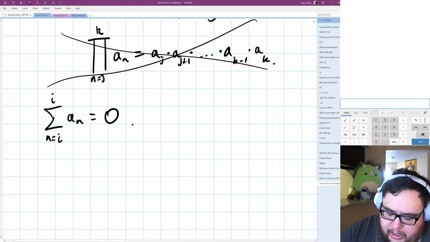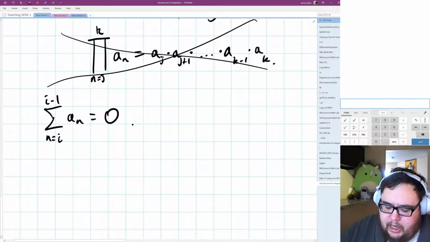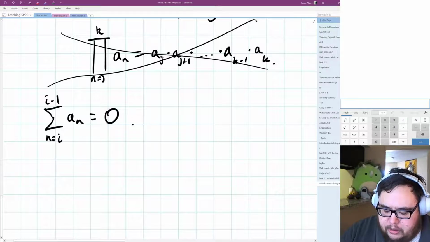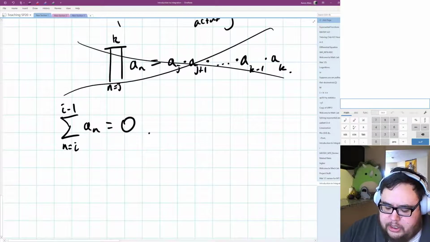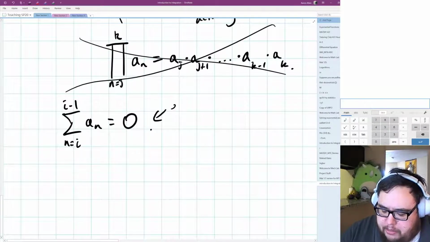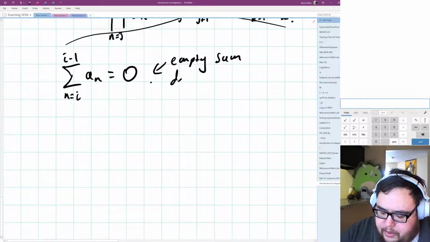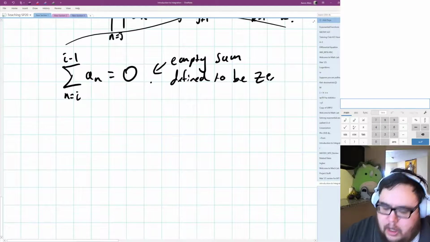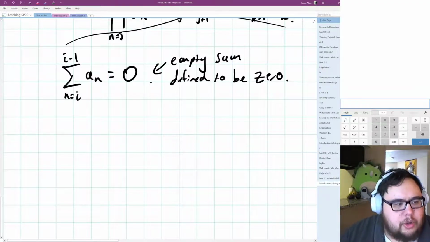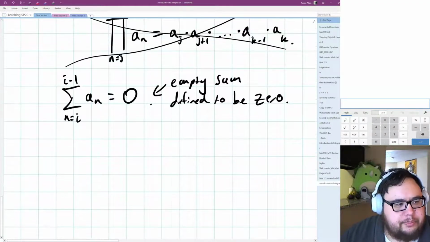If ever the ending term, the upper bound, is smaller than the beginning bound, the lower bound, then this is called the empty sum, and it's defined to just be 0. You're adding up 0 terms, so your answer should end up just being 0.